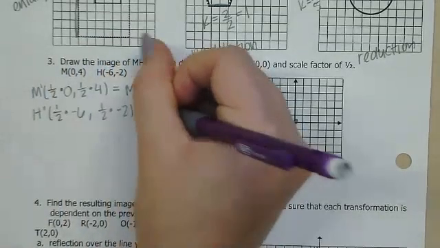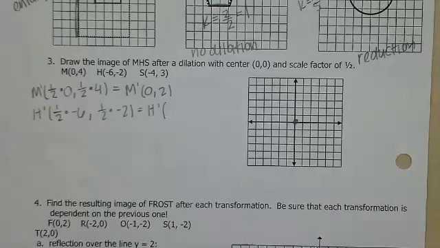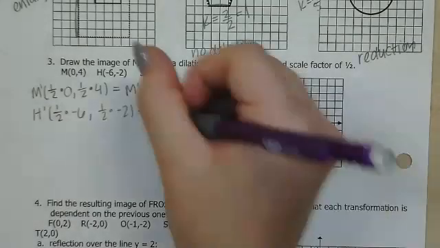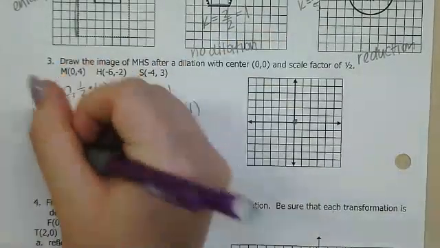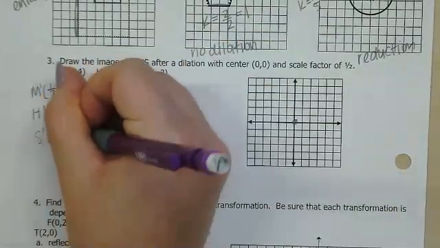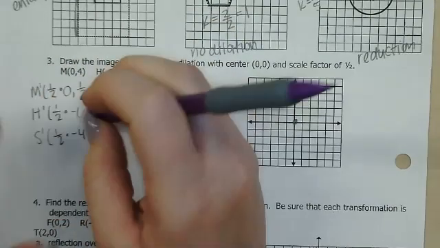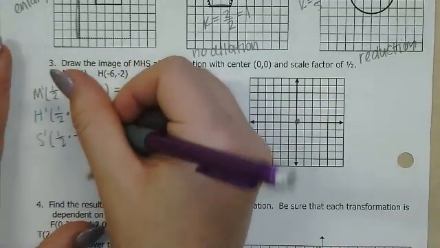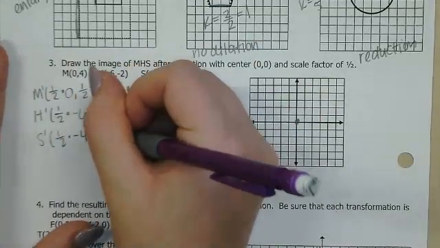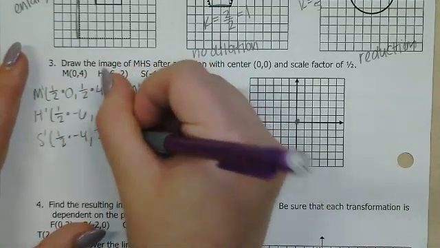So what's my h prime? Yes. And my s prime would be, oops, what is it? It's got to have 2 numbers. Oh, it's -2. Okay.